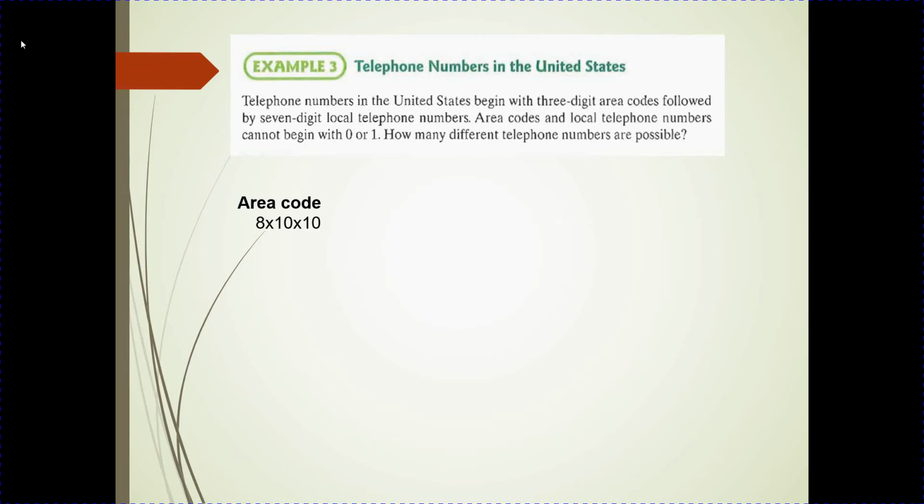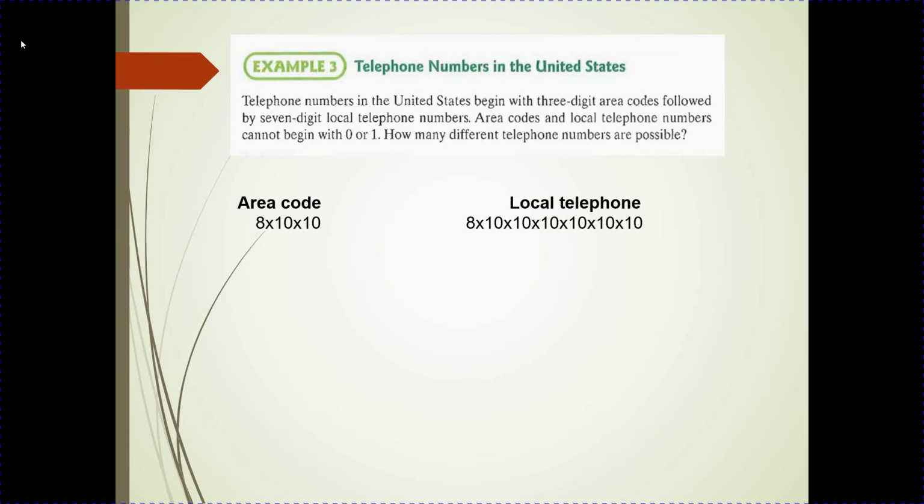The same is true for the telephone. There are 7 digits for the local telephone numbers, and the first digit of the local telephone number cannot be 0 or 1. Therefore, how many ways can you have for the first digit of the local telephone number? 8. But for the other digits, it will be 10.